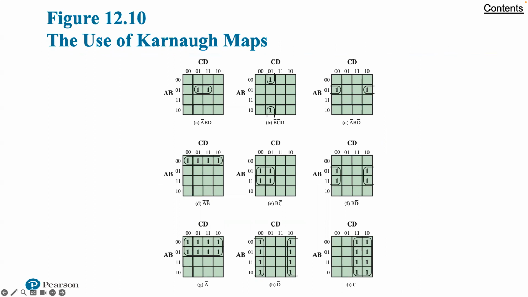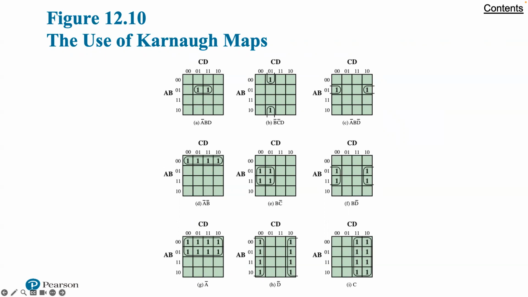If 2 adjacent squares both have an entry of 1, then the corresponding product terms differ in only one variable. In such a case, the 2 terms can be merged by eliminating that variable. For example, in figure 12.10a, the 2 adjacent squares correspond to the 2 terms ABCD and ABCD with one variable complemented.